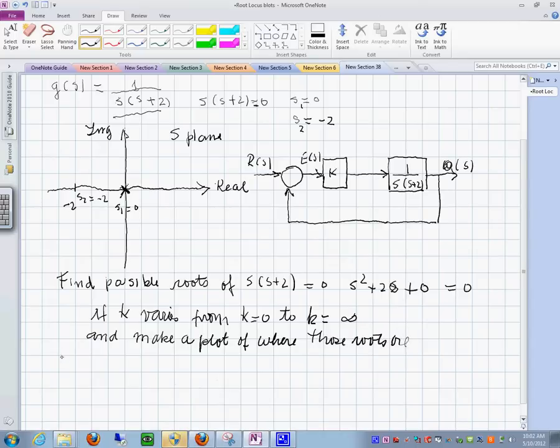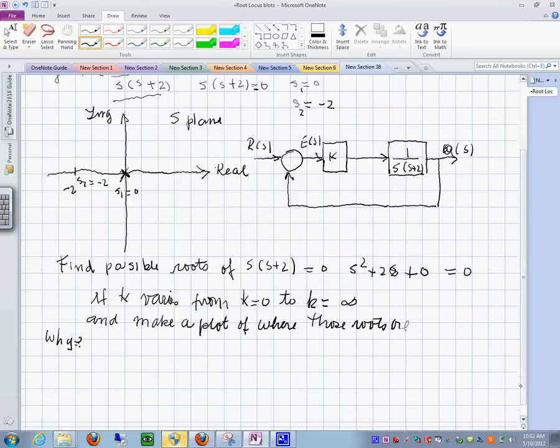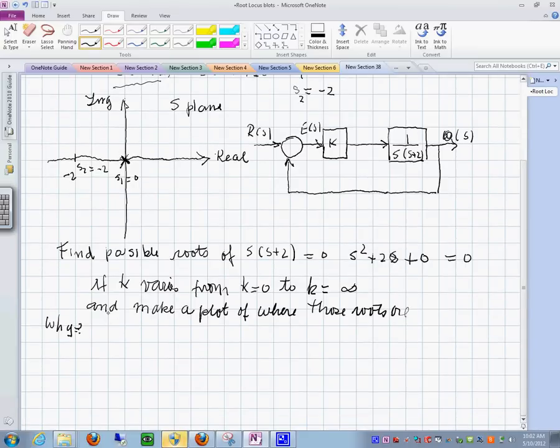Why do we want to do this? Take a look at this. When you have the response of a system, let's say this is when the roots are in here.